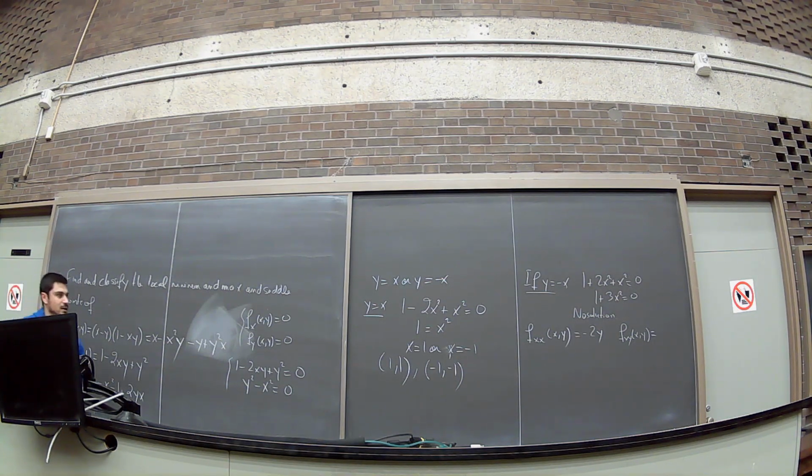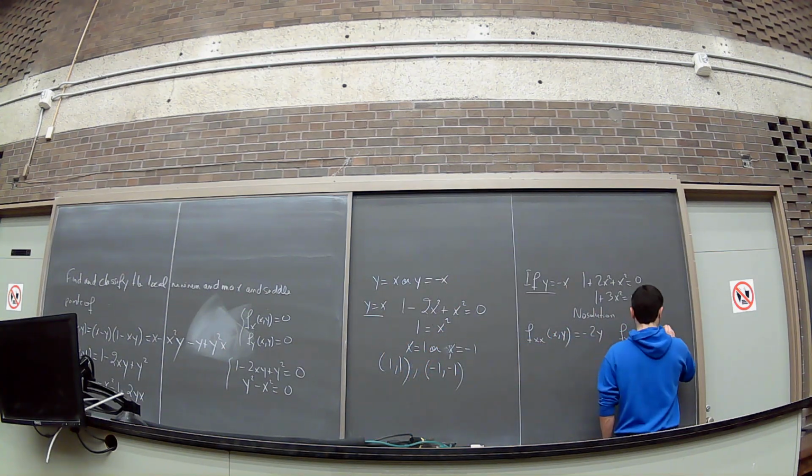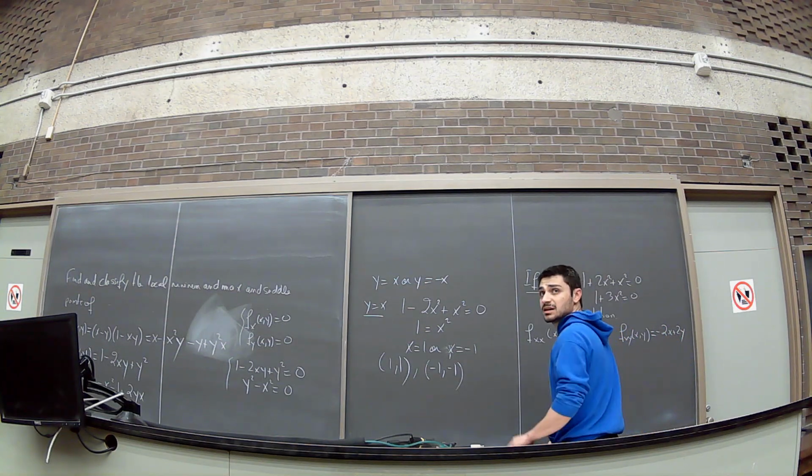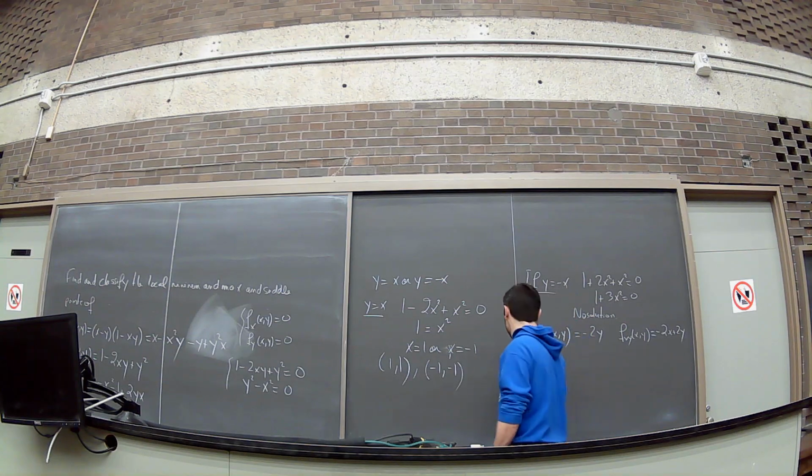So I have fxy. What is fxy? Differentiate fx with respect to y. You get minus 2x plus 2y. Is that right? Differentiate fy with respect to x.